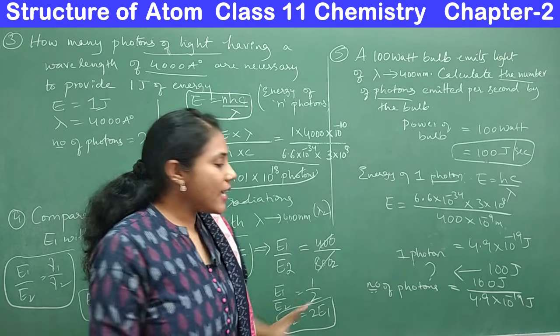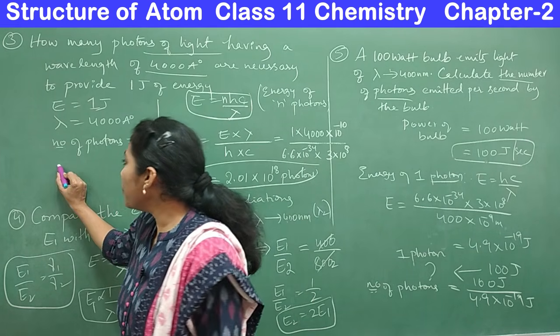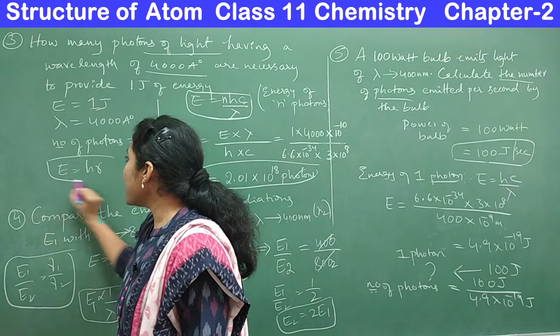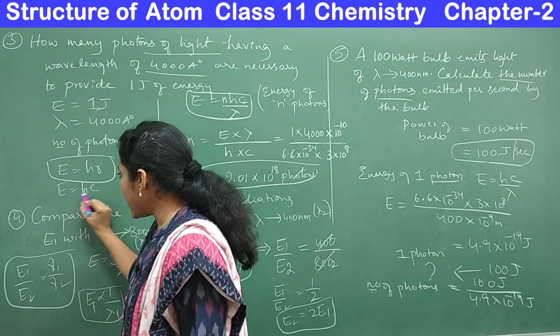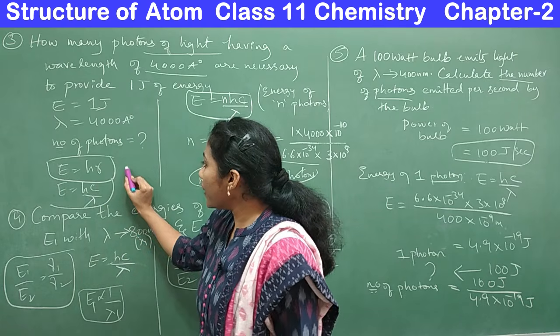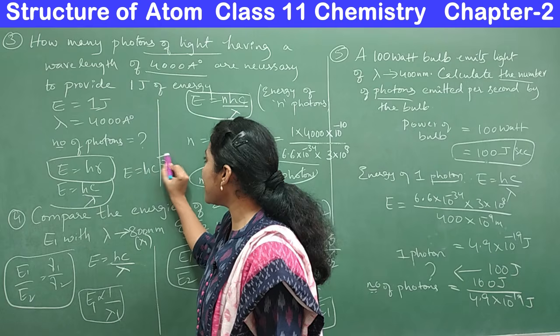Clear? So these are various models that can be asked on a formula. E is equal to h nu, right? So this is one format you will write. Another one, E is equal to hc by lambda, you will use when lambda is given. And you can write one more formula here. E is equal to hc nu bar. What is this nu bar?